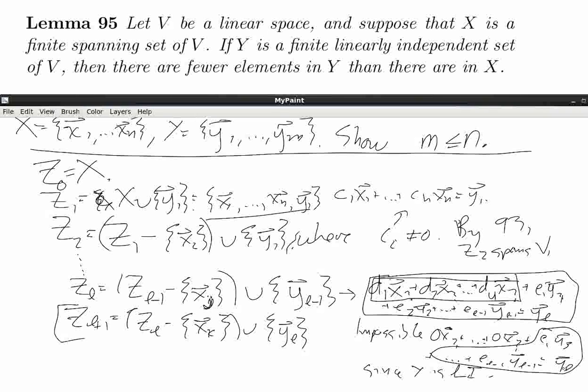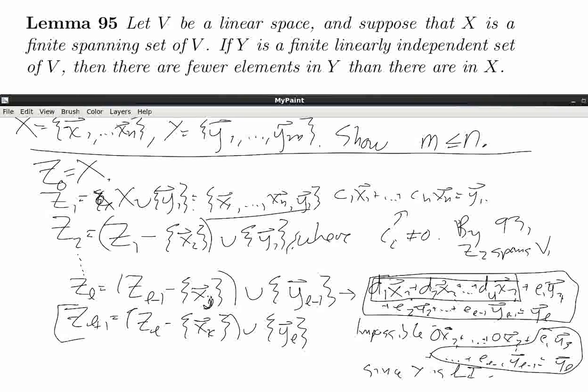Because you can imagine just bringing this one over to have negative yl, and then throwing all the rest of the y's in with just 0 coefficients. You'd have e1 plus ... plus el minus 1 minus yl plus 0 yl plus 1, etc. And that would give you something equaling 0, but the coefficients would not all be 0. So that's impossible. So I know that some of these d's have to be non-zero.